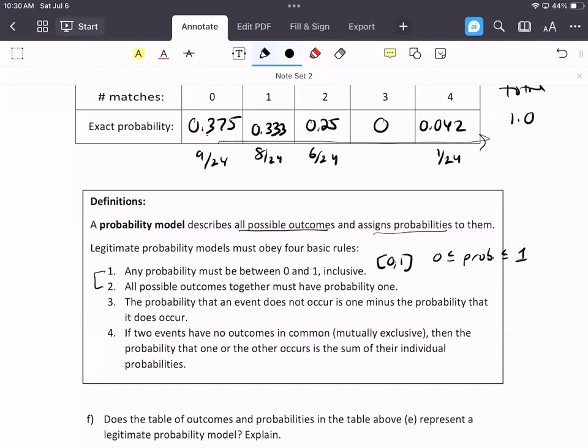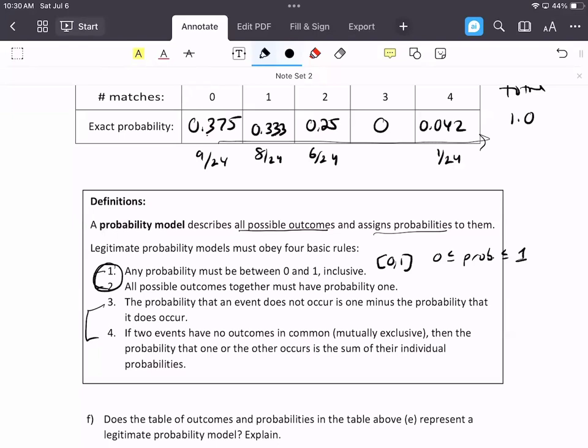Also, the probability that an event does not occur is 1 minus the probability that it does occur. We'll be working with that as we go along. But when we're checking to see if it's a valid probability model, these are the 2 that we're really focused on.